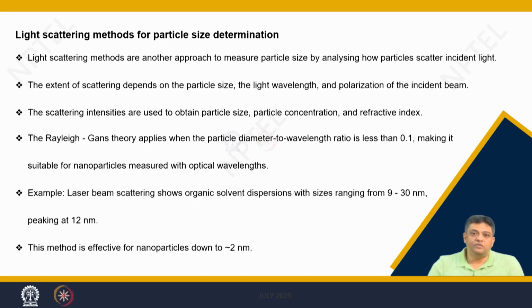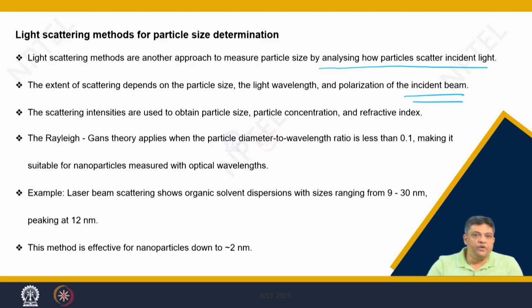Then comes the light scattering methods. This is carried out by analyzing how the particles scatter the incident light, and the extent of scattering depends on the particle size, the incident wavelength, and the polarization of the incident beam.